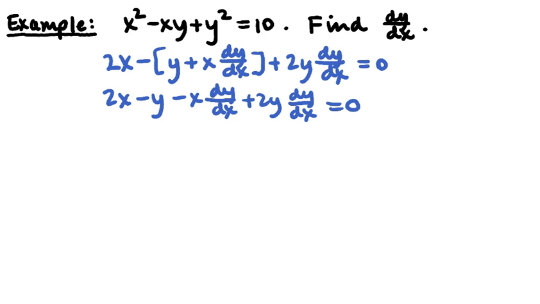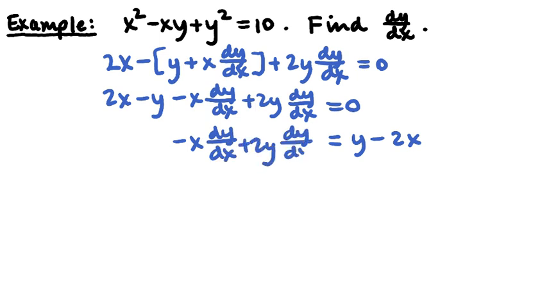Okay, now I'm going to move all of the things with dy/dx to one side of the equation. Well, they're both already on the left side of the equation, so I'll just clear out all the rest of the things. So I'll just say that's equal to y minus 2x. I've still got this negative x dy/dx and 2y dy/dx.